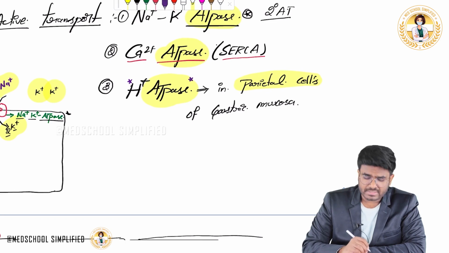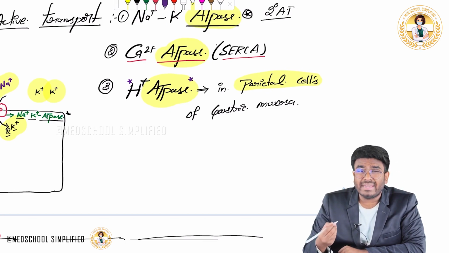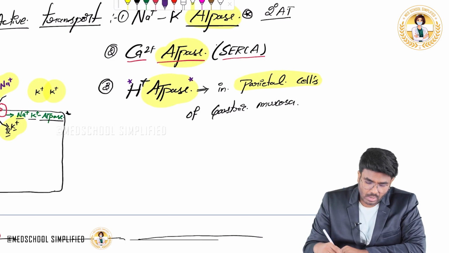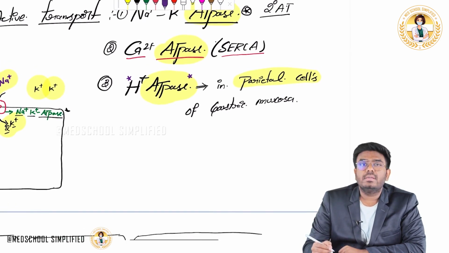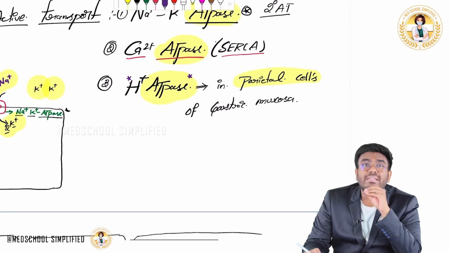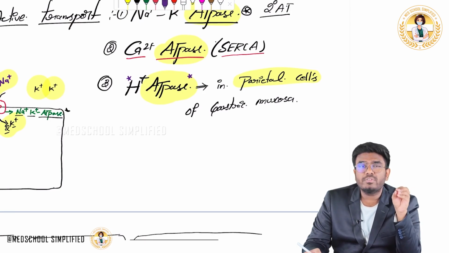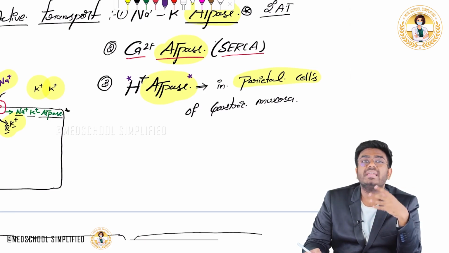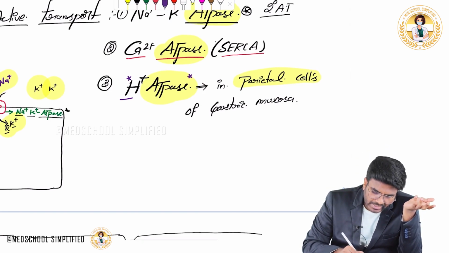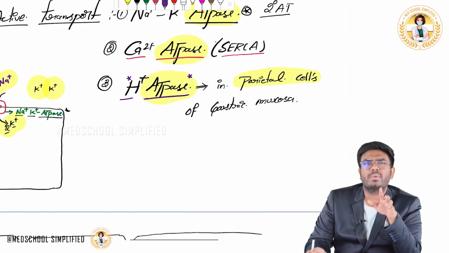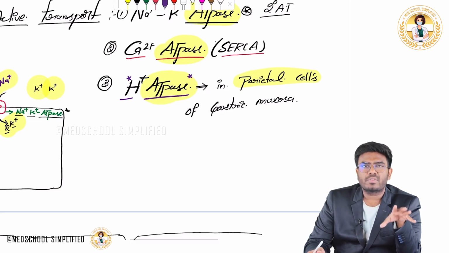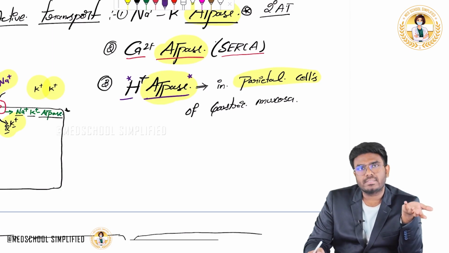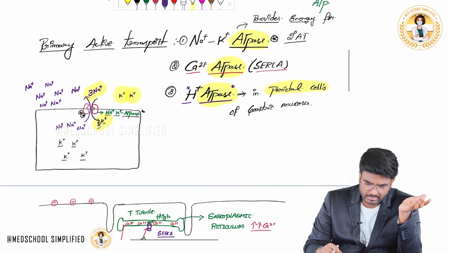On the surface of these parietal cells, they have proton ATPase. This proton ATPase moves the protons into the lumen. The protons bind with chloride and form HCl. So proton ATPases are present on the parietal cells, which are present in the gastric mucosa. These parietal cells are continuously producing protons, and protons are nothing but acids. So parietal cells are the ones which produce the acid in the stomach. Just remember that. Enough.